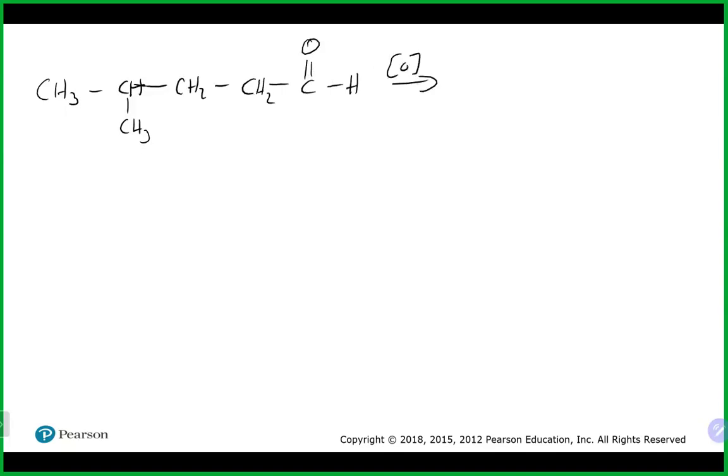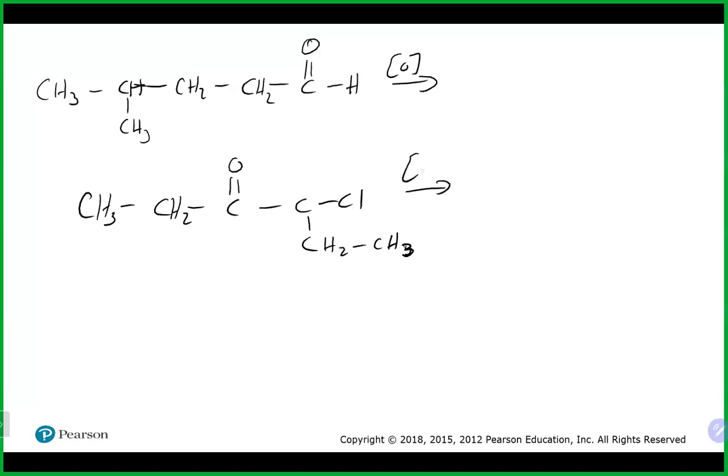Let's say we had this, so let's oxidize this guy, and let's do this other one, and let's oxidize this guy. So draw the products that you would get from these two guys here.